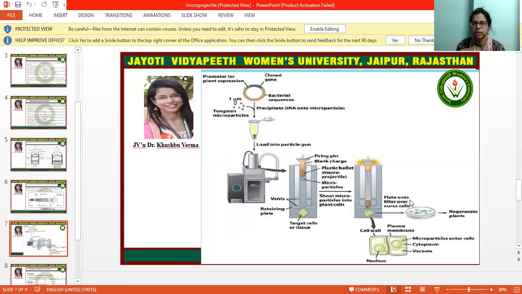Further, these cells will be filtered over the nurse cells, and then we go for the regeneration of the plants, and that's how we can create GM crops by using this physical method.